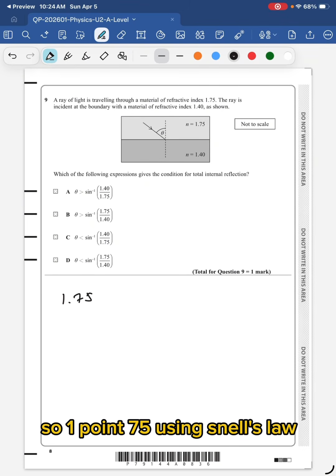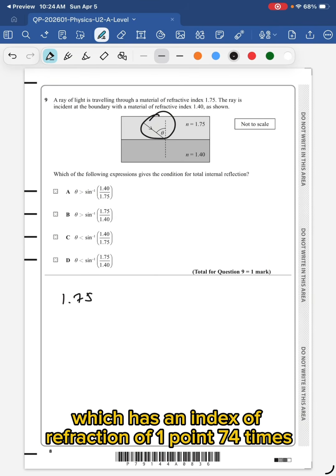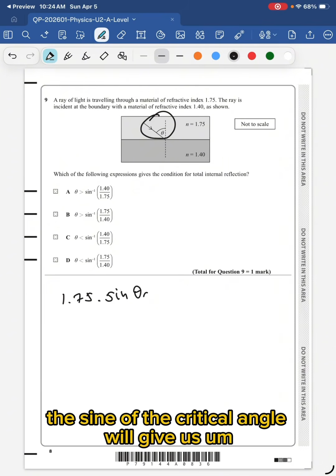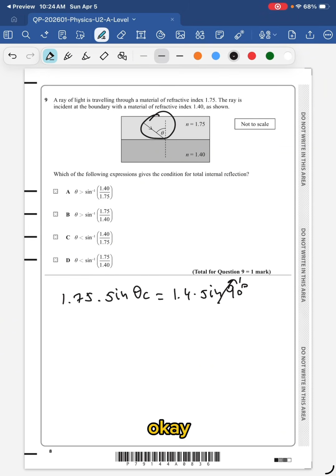Using Snell's law, if we are in this material, which has an index of refraction of 1.75, times the sine of the critical angle will give us 1.4 times the sine of 90 degrees, right? That's the condition, which is 1.